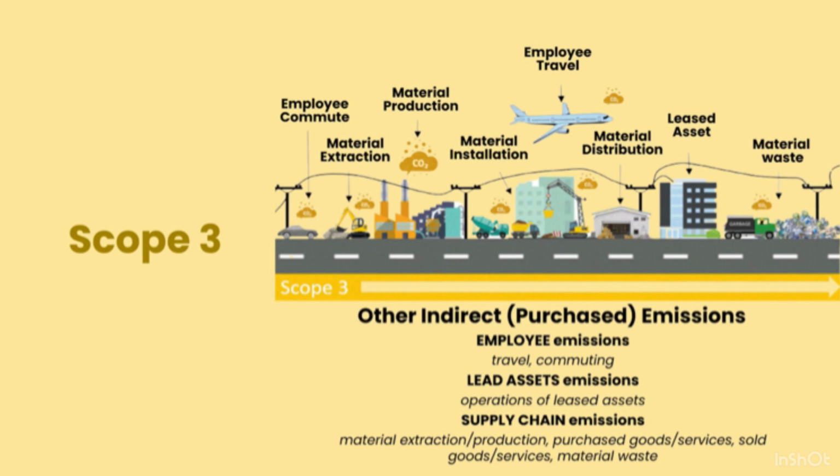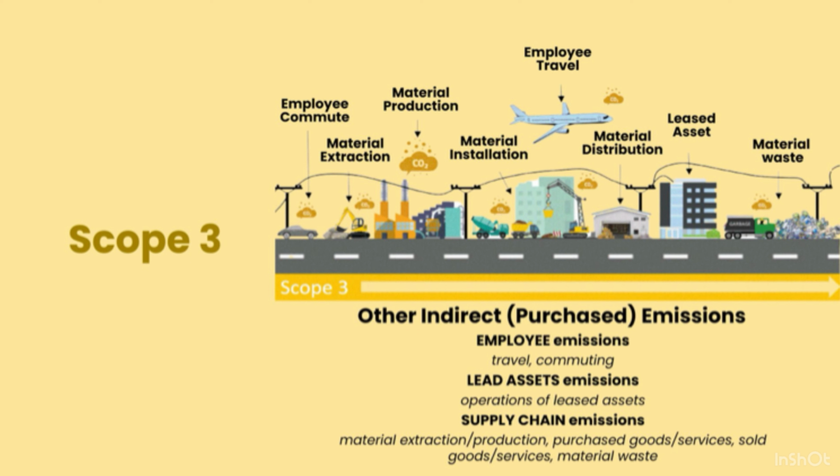Purchased goods and services means all the raw materials that you have purchased, which were manufactured in your supplier's factory. The emission that happened within your supplier's factory gates has to be accounted in scope 3, purchased goods and services. So do report that one.